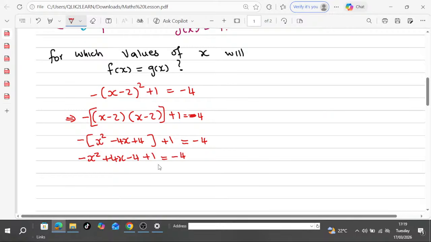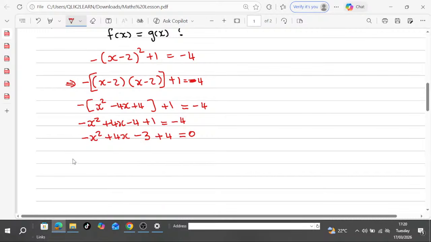So let's add the like terms this side. This is minus x squared plus 4x minus 4 plus 1. What is minus 4 plus 1 equal to? It is just negative 3. The 4 comes this side to be positive 4, and this is equated to 0. So we have negative x squared plus 4x minus 3 plus 4, which is positive 1, and we equate this to 0.